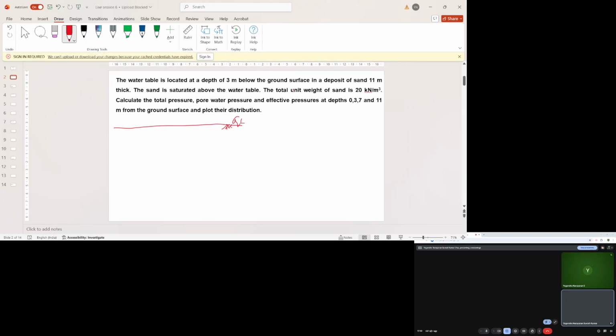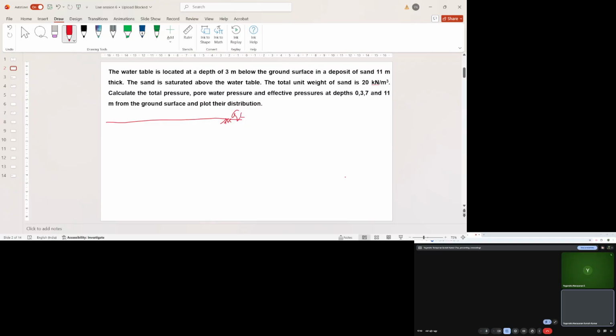The sand is saturated above the water table. The total unit weight of sand is 20 kN per meter cube. Calculate the total pressure, pore water pressure and effective pressure at depths 0 through 7 from the ground surface and plot their distribution.